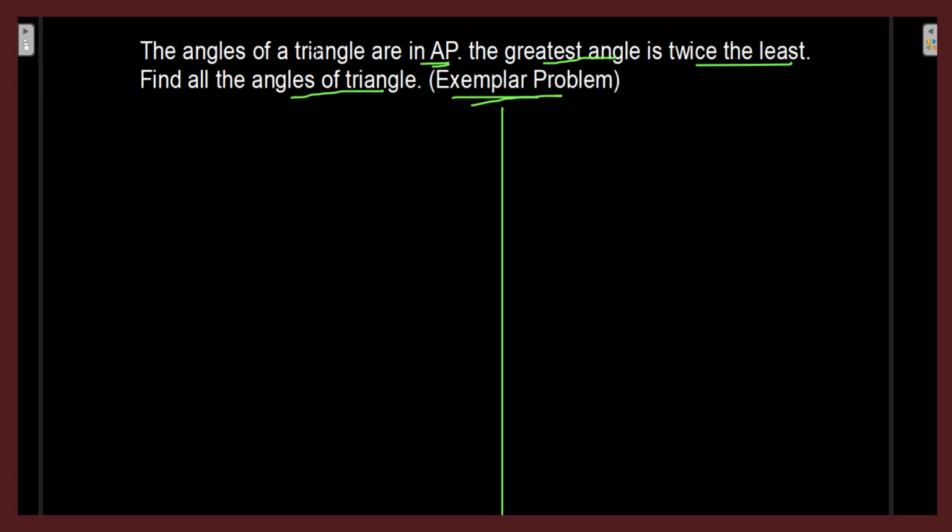Here friends, it is given that the angles of the triangle are in AP. So first we will assume the three angles being A minus D, A and A plus D. These are the three angles.